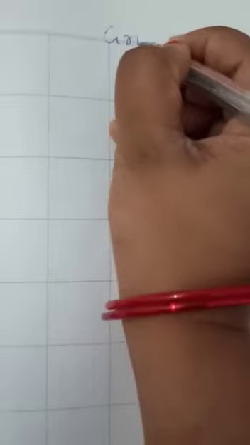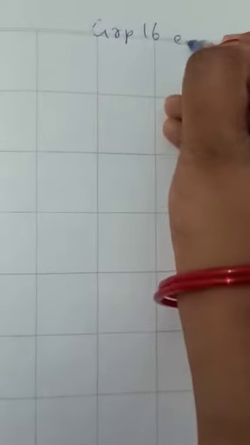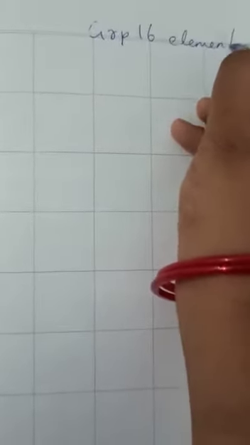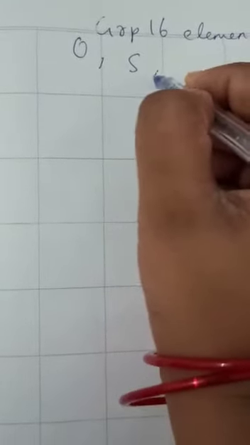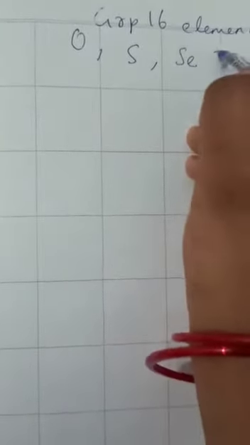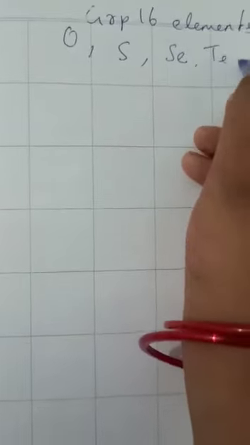So students, our next topic for your P block elements chapter is group 16 elements. Group 16 elements basically comprise the oxygen family, in which you have oxygen, sulfur, then selenium, tellurium, polonium.